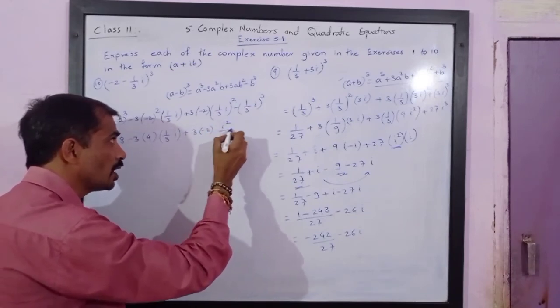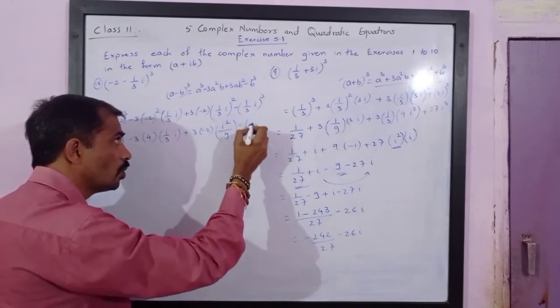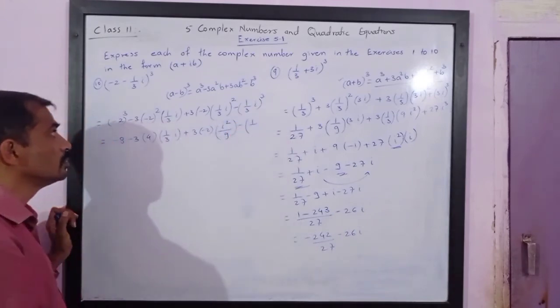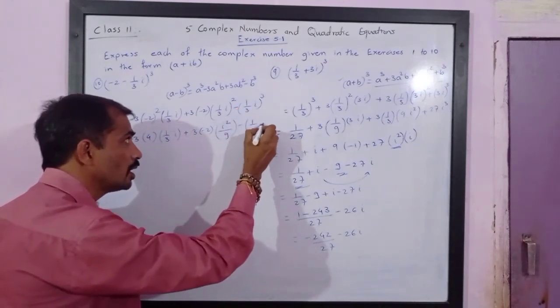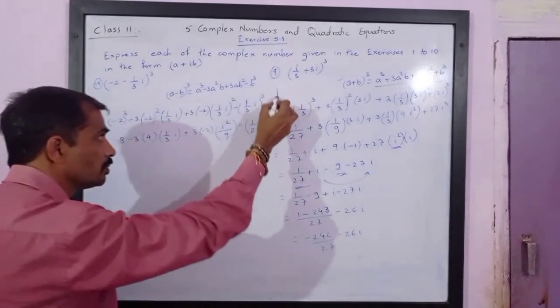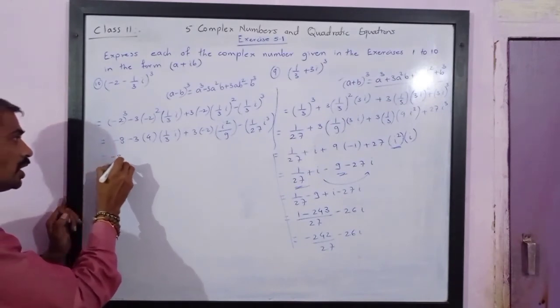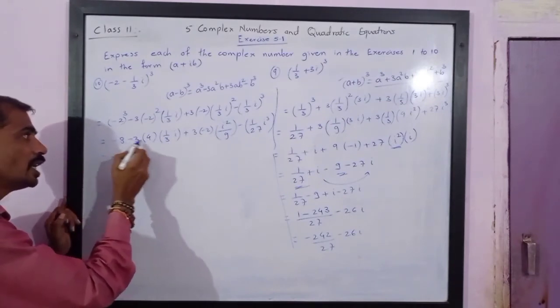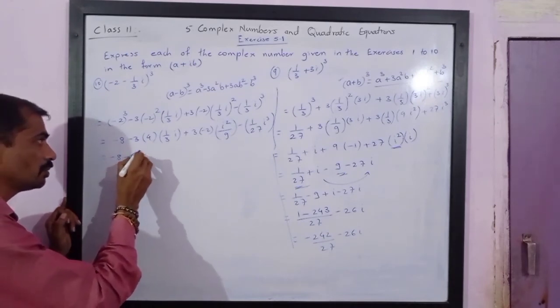You will get I square upon 9. And this is minus 1 upon 3 cube is 27 I cube. Now, if you solve this, don't get confused with both the answers. This is equal to negative 8. Please note 3 is at the numerator and denominator, so it will cut. You will have minus 4i.